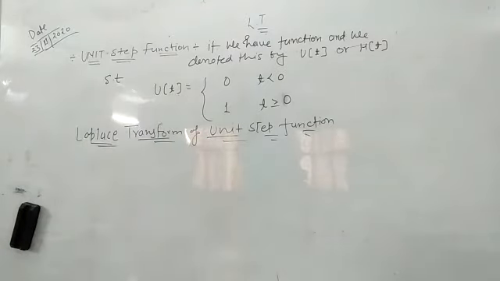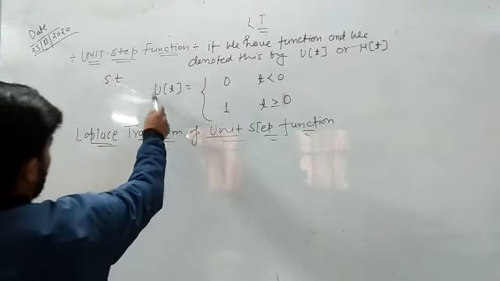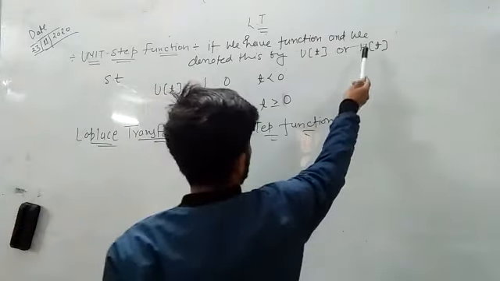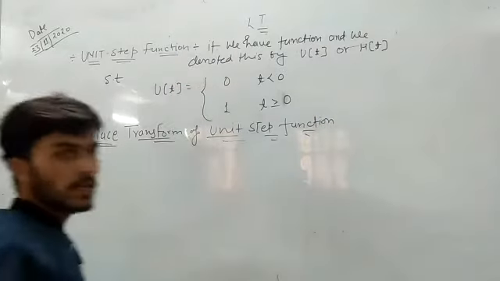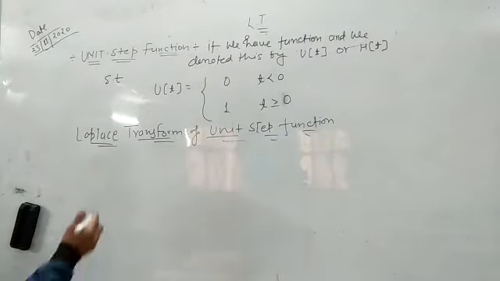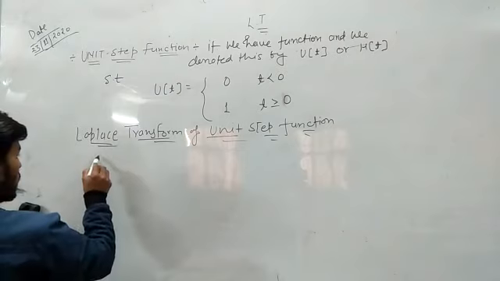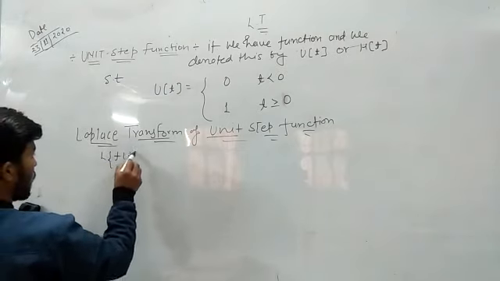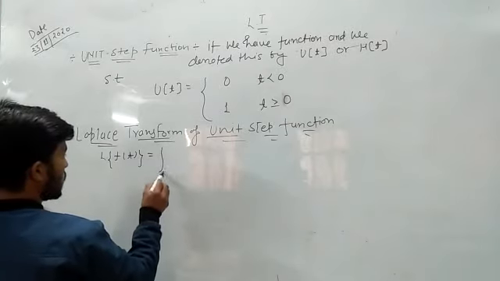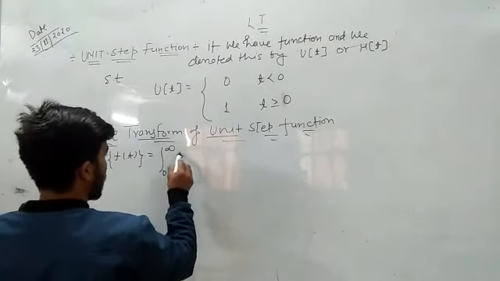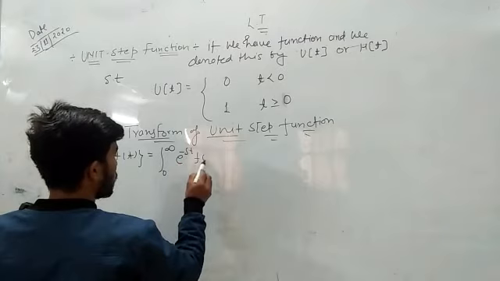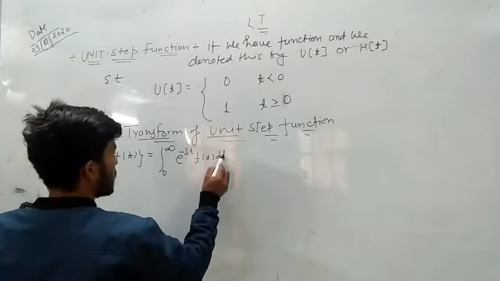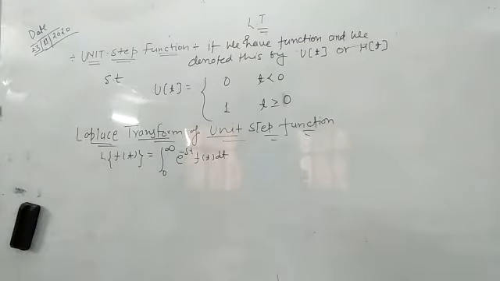How do we get the Laplace transform of a unit step function, which is denoted by u(t) or h(t), whatever you write? As we know, the Laplace transform of any function f(t) is the integral from 0 to infinity of e to the power minus st times f(t) dt. This is the general definition of a Laplace transform.